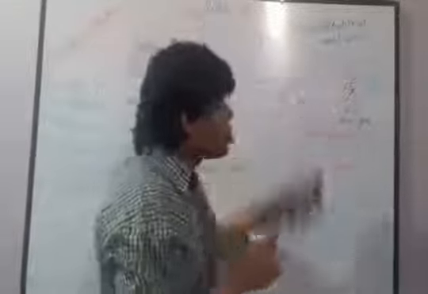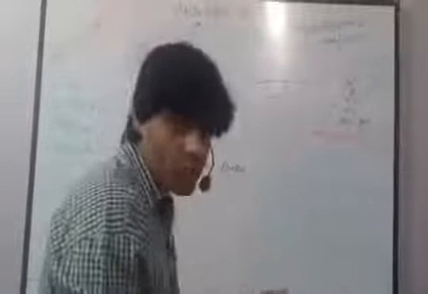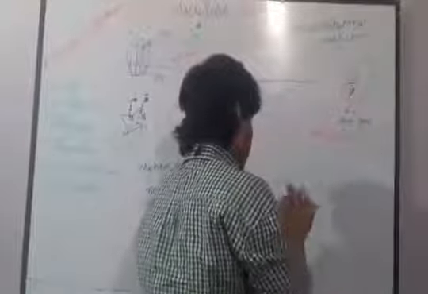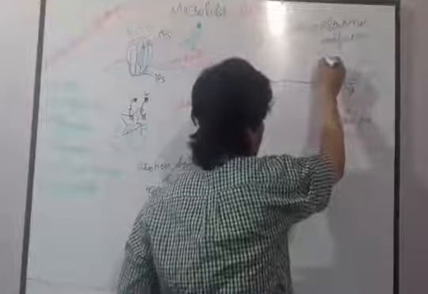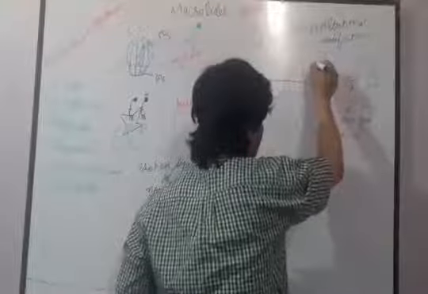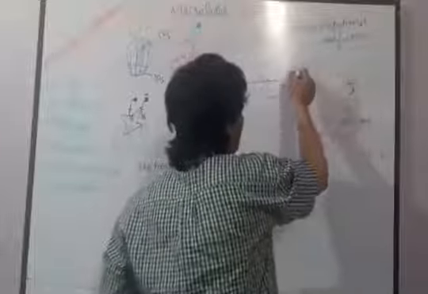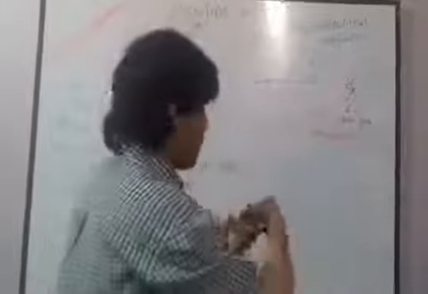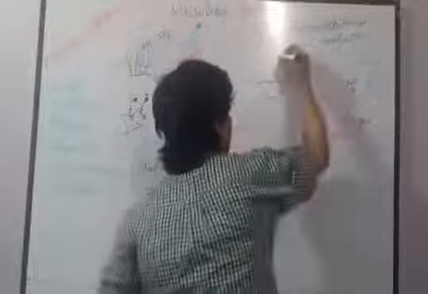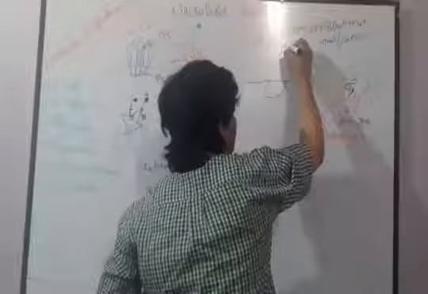What actually happened due to this mutation? The drug, the erythromycin, let's suppose this is the erythromycin, will lose its affinity and will not bind to the ribosome because it is mutated.